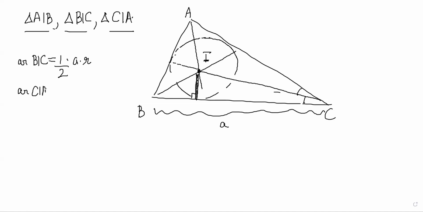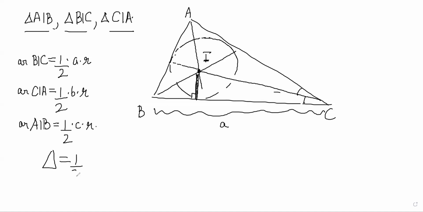Similarly area CIA will be half into b into r, and area AIB will be half into c into r, right? Yes, sir. So if you add the three triangles, you make the whole area of the big triangle, delta. Because AIC plus BIC plus AIB is the big triangle ABC.